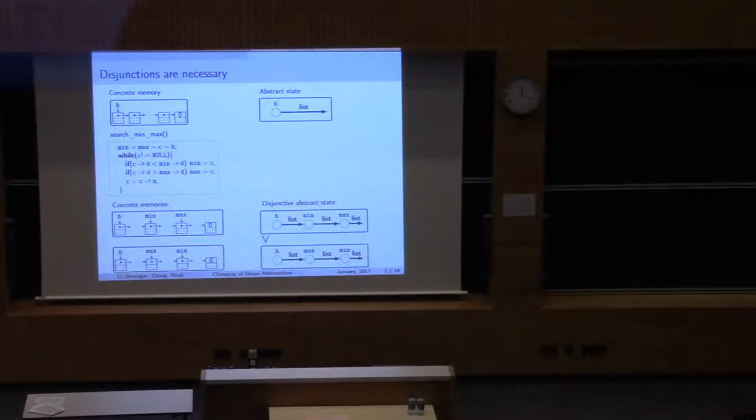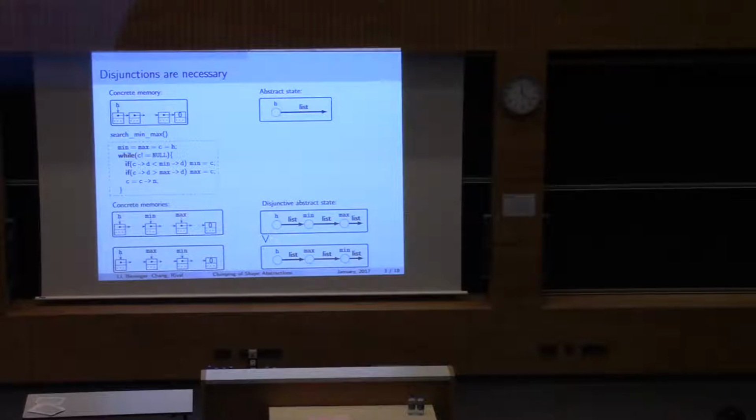However, disjunctions are often necessary in shape analysis. As an example, if we start from the abstract state, which abstracts all the concrete lists pointed to by a pointer h, and analyze a simple program which tries to search the minimum and the maximum element from the list, then, at the end of the while loop, we need to infer a disjunction of these two abstract states.